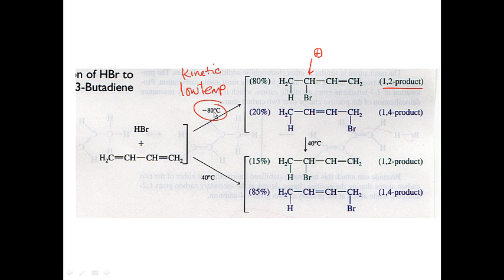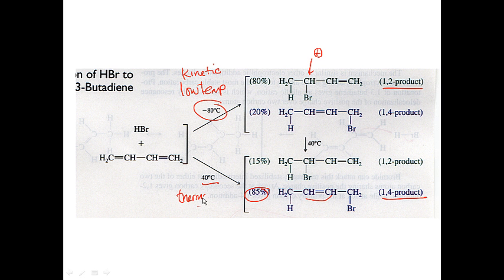But notice what happens when I go from minus 80 degrees to a very warm 40 degrees, relatively speaking. I now get 85% of the 1,4 product. Well, the 1,4 product has the double bond that's di-substituted, has two alkyl groups. Therefore, this is the more stable product.